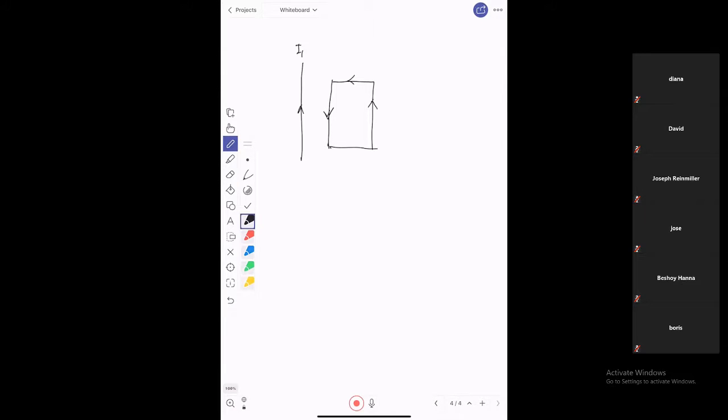I have current going this way. So this is 15 amps. This is 30 amps. And here the spacing between here is 0.1. Let me not write down anything after that. This is 0.25, all in meters, so be very careful with units. This is 0.5.